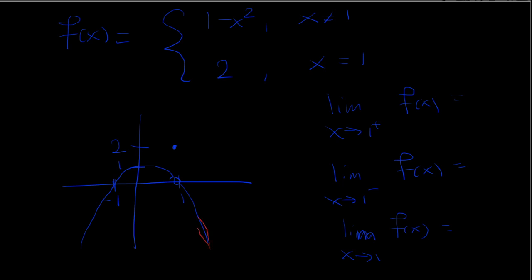So it's going to be from down here. As I get closer and closer to 1, I approach the hole, which is at 0. And if I approach it from the left, I get closer and closer to the hole, which is 0. And because the left hand and the right hand limit are the same, we say that the limit is also 0.